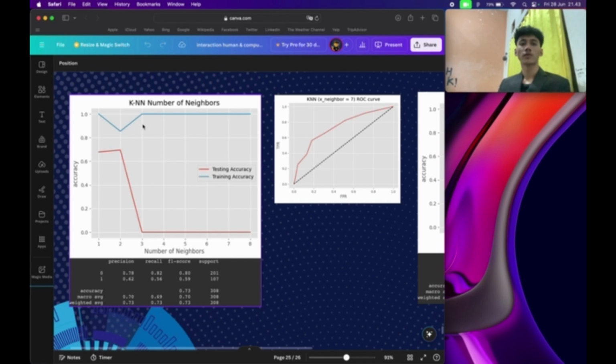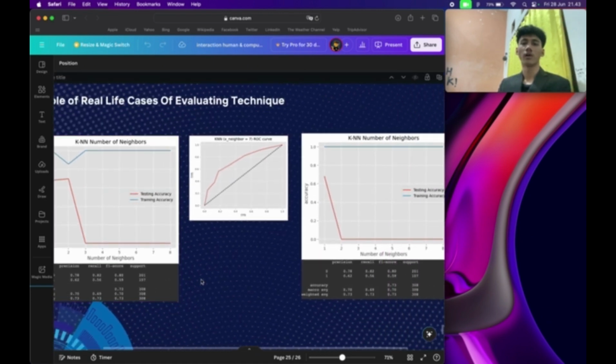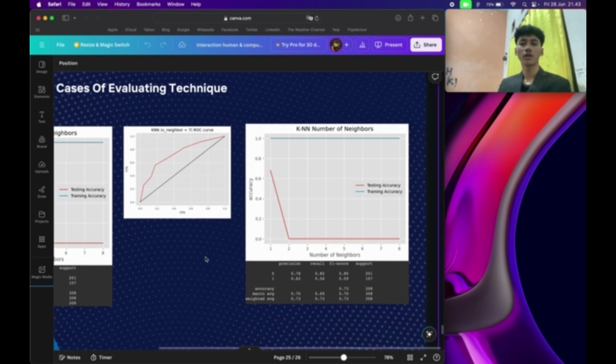Blue stands for training accuracy and red stands for testing accuracy. Now we can see this matrix of data, how much precision, how much accuracy, and the most important is the F1 score. We get an F1 score of about 0.80, and we also have another graph here.